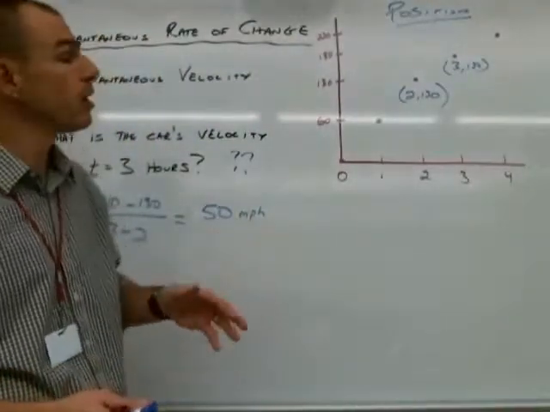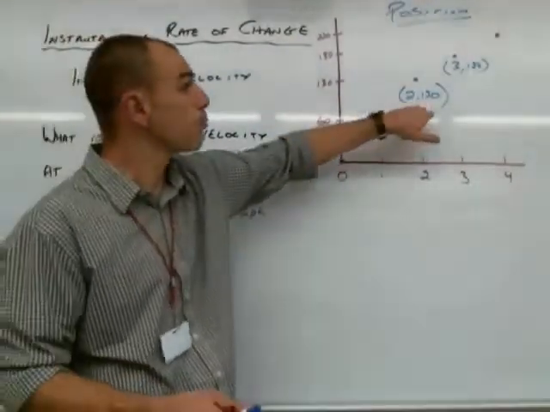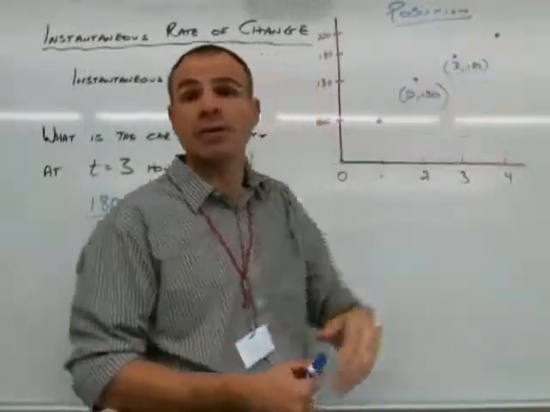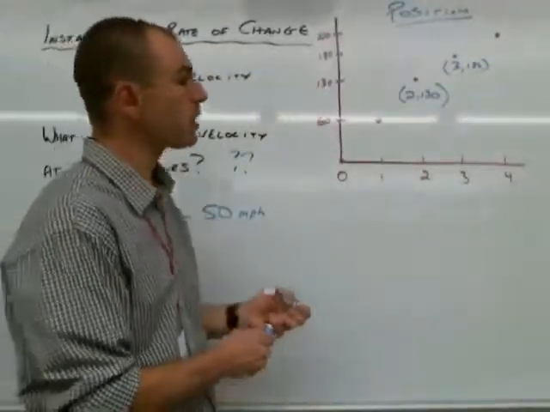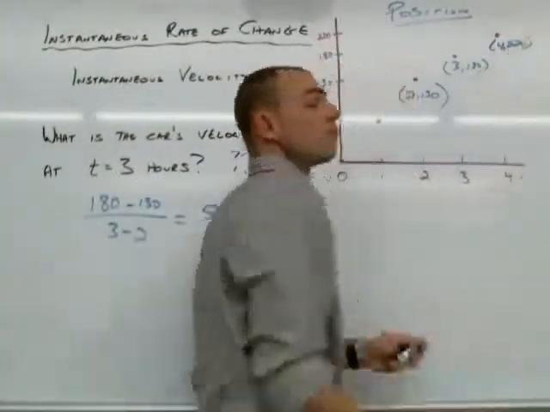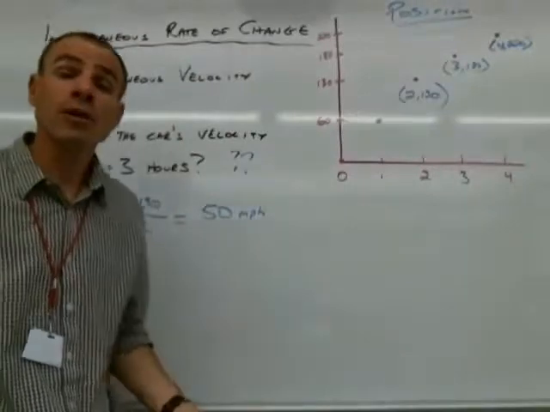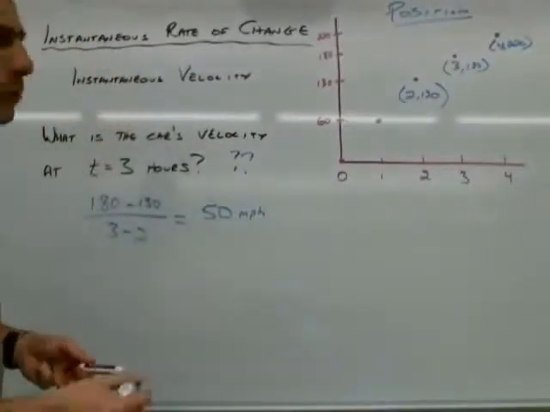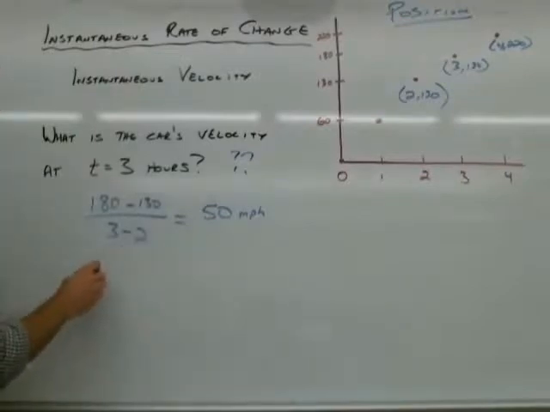We could do a little slightly different. We took the hour prior to the 3-hour mark. We could also take the hour after the 3-hour mark. We have one more data point here, (4, 220). We could also have approximated, because again, it's approximation, so there's not one exact answer. We also could have approximated by doing the hour after the 3-hour mark.